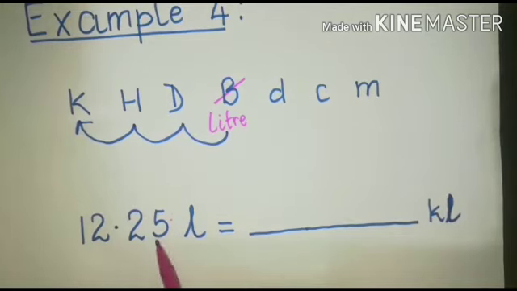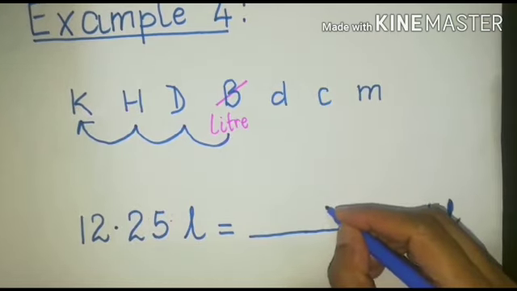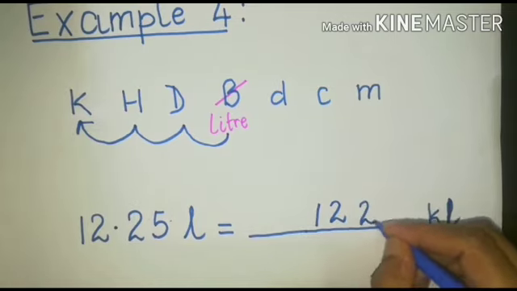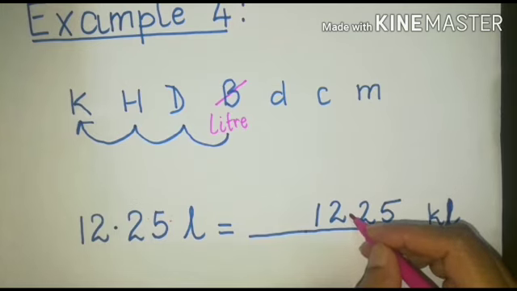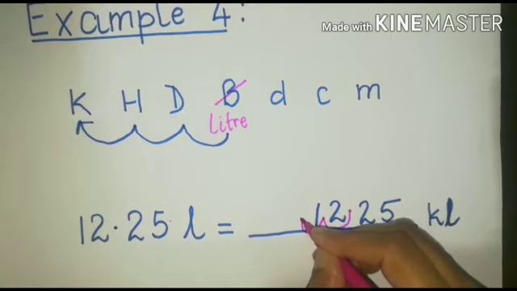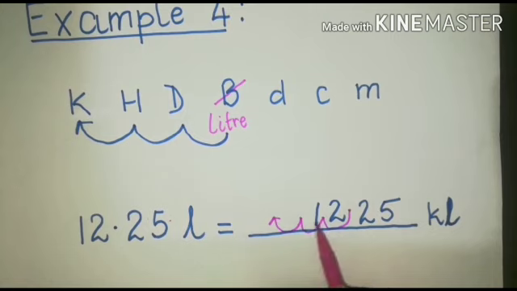I will write the given number as it is. That's 1, 2, 2, 5. And I will move the decimal place, which is between both the 2's, 3 steps backwards. That's 1, 2 and 3rd place. However, I do not have a 3rd place here. So, what will I do?